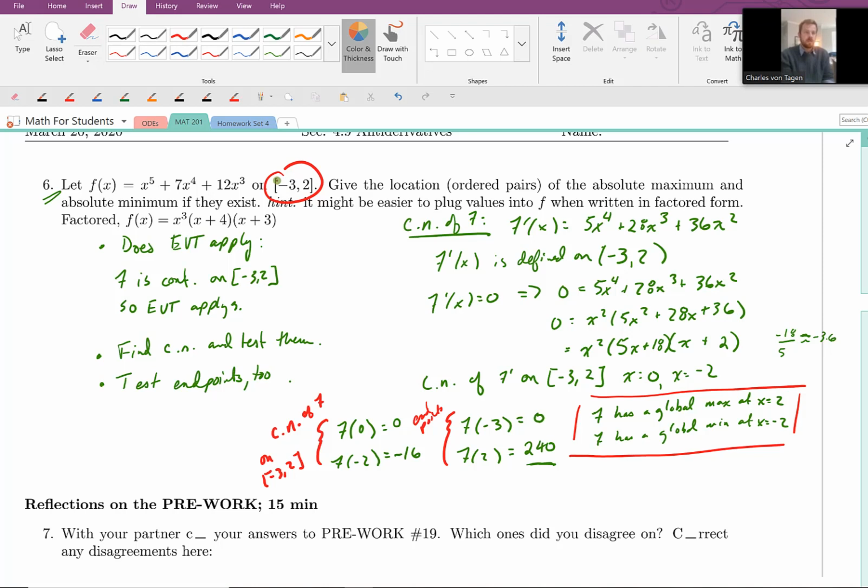Now, could you from that list maybe guess what the global max and global min is? Yes, that's correct, but you've not done the correct procedure here. So it's absolutely essential that you follow this procedure that we're doing. Otherwise, I would just give you a more difficult problem to do, in which case that method of just plugging in nice numbers certainly wouldn't work. So folks, that concludes the warm-up. I'm going to go ahead and continue some other questions here through this video.